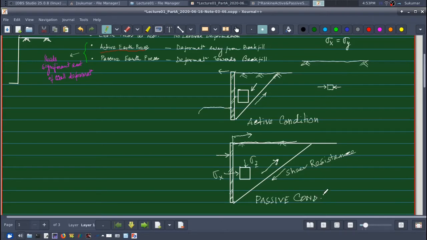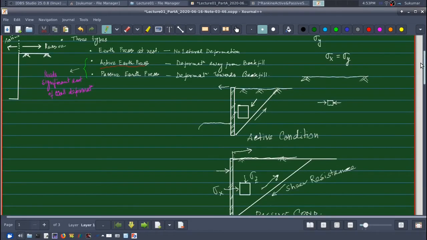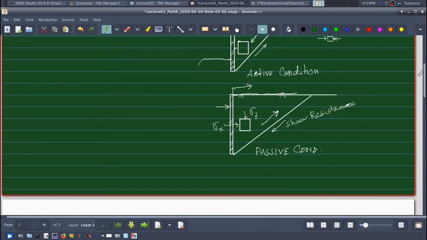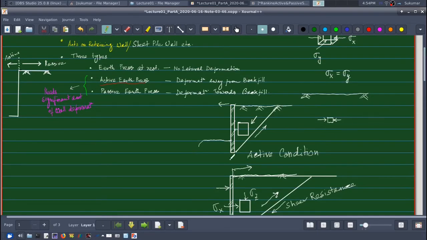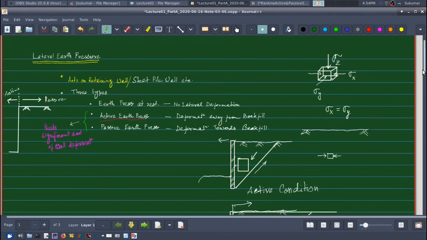Now in all these three conditions I will have different amount of lateral stress. The maximum lateral stress will be under the passive condition, and the minimum lateral stress will be at the active condition, and in between there will be the at rest soil pressure.